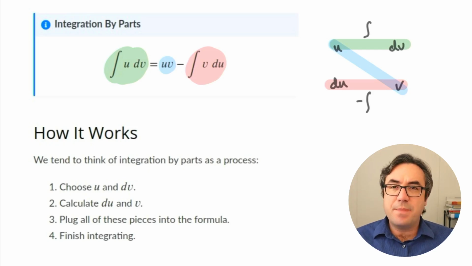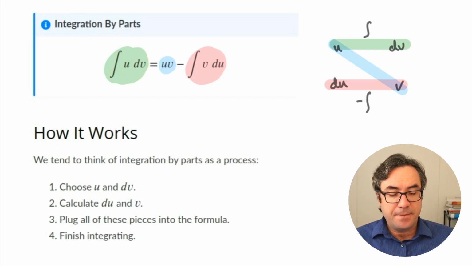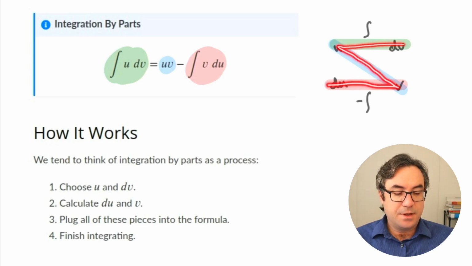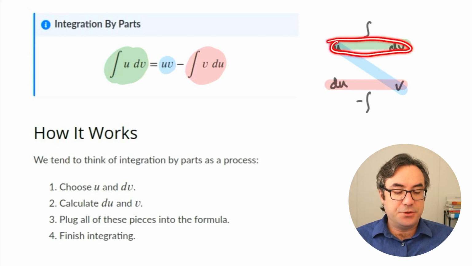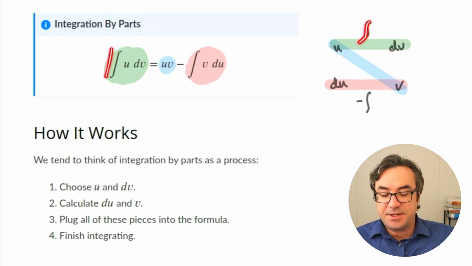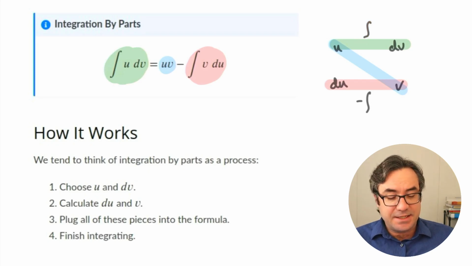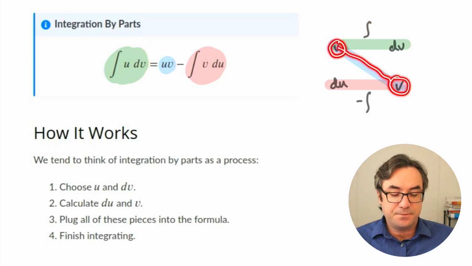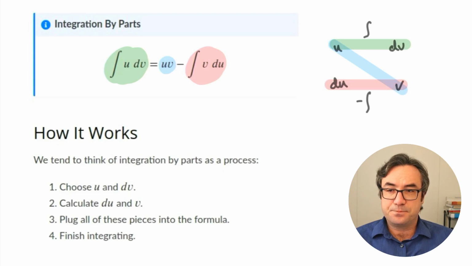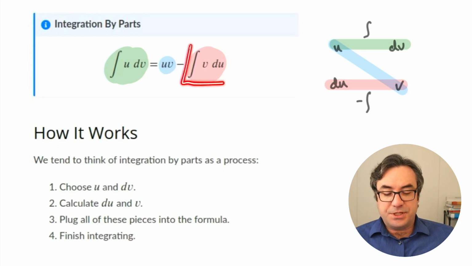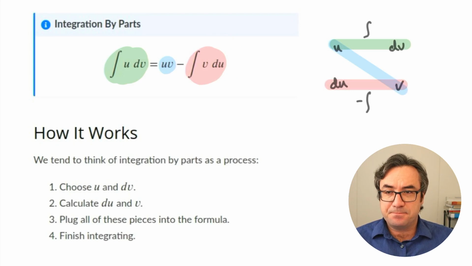So you can remember this integration by parts formula as this backward Z shape. So when we multiply these two top terms together and integrate, that's the original integral that we're trying to work with. And what this formula says is that's equal to u times v minus the integral of v times du. And we still have to finish integrating this, but it hopefully is going to be a little bit easier.